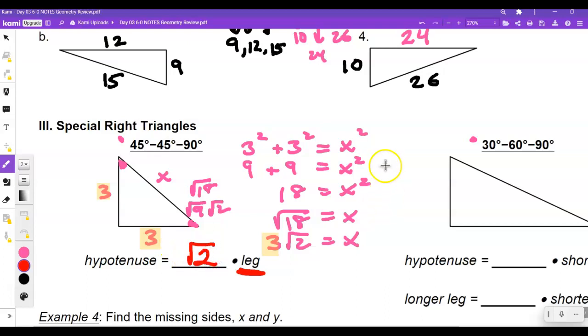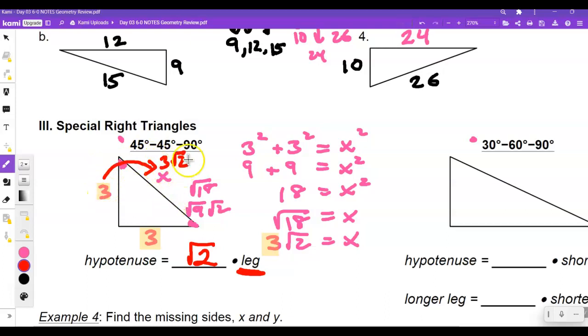And then you don't have to do the whole Pythagorean theorem. So it's another shortcut that we looked at in geometry. Very, very handy. If I had the leg and I want to get the hypotenuse, then I multiply by root 2. So from here to here, it turns into 3 root 2.